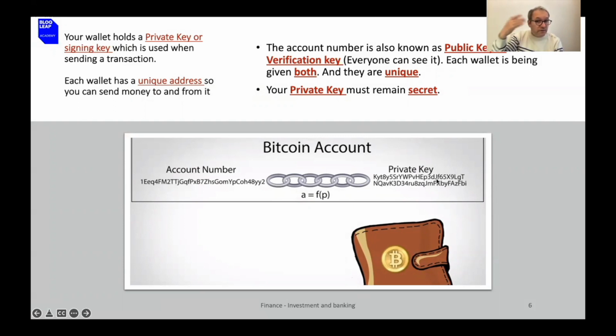It's just like 24 words, which represent this thing. And obviously, the same happens with your bank account. Your bank account and your password are mathematically linked. And here in Bitcoin it is the same. For each account number, you've got a private key which is linked to it. And we will see later on when you send or receive a Bitcoin, the system is going to use this private key and this public key in order to encrypt your transaction. All right.